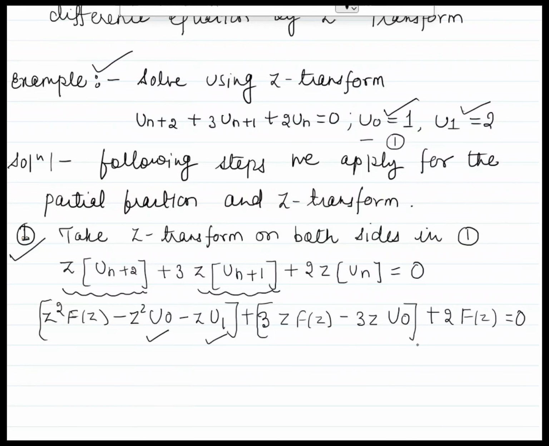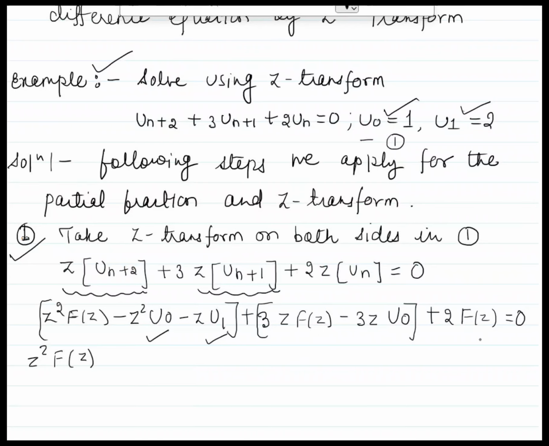So what we are doing, I am just writing the whole for the Z square first, then for the Z. So finally, after putting the values, we'll write Z square F(z) minus, first this function, this u0 is 1, so this is minus 3Z. This u0 is 1, so this is becoming Z square.